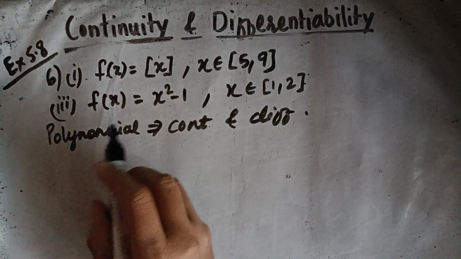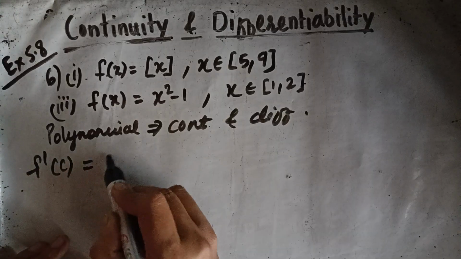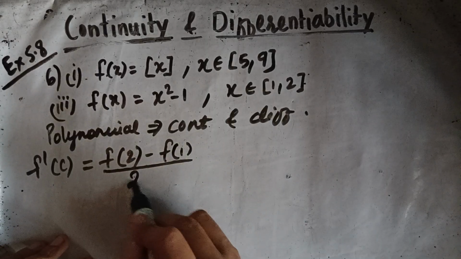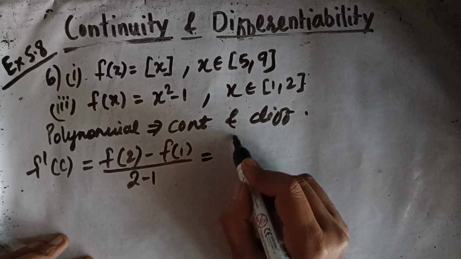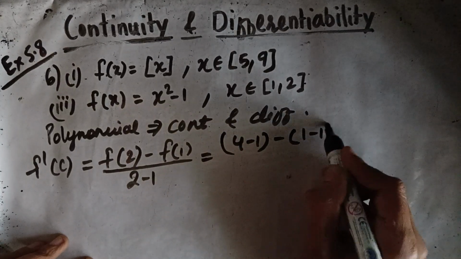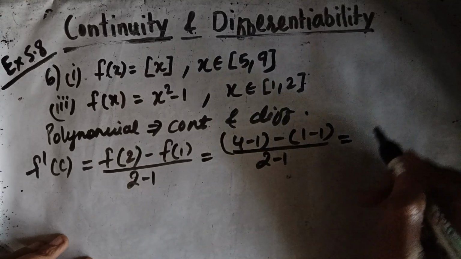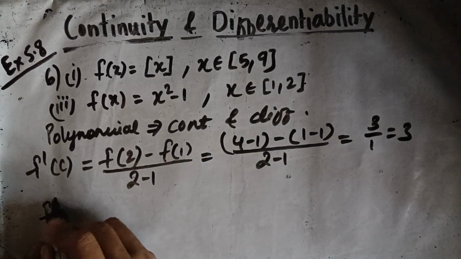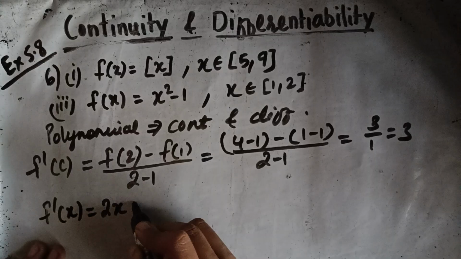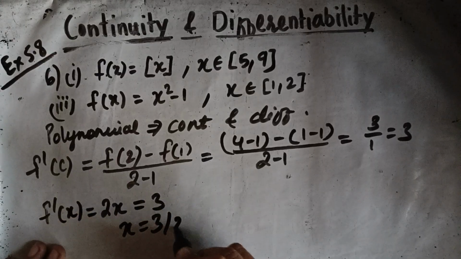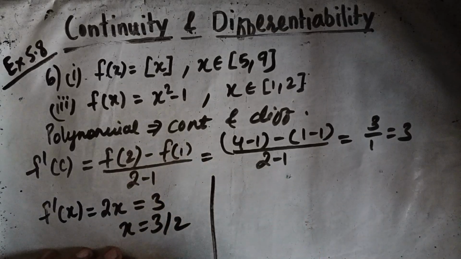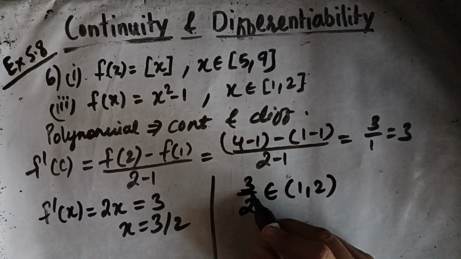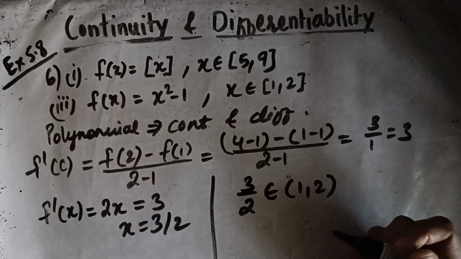Now we have to check for that f'(c). (f(2) minus f(1)) upon (2 minus 1). f(2) is 4 minus 1 upon 2 minus 1. So 3 upon 1, which is 3. f'(x) is 2x, which is equal to 3. So x is equal to 3 by 2. Okay. Now let's see whether this 3 by 2 falls in the interval (1, 2). Okay, this is 1.5. So this is our c.